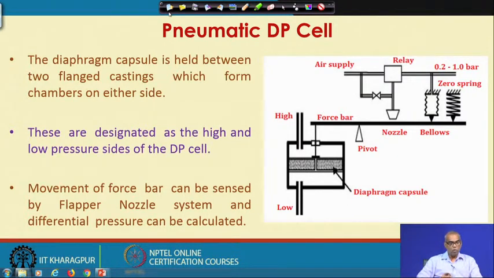If you look at a DP cell, you will see that it is written there high pressure side and low pressure side. So, accordingly you will connect the high pressure source and the low pressure source to the DP cell. On the DP cell itself it will be written high pressure source connection and connections for low pressure source.